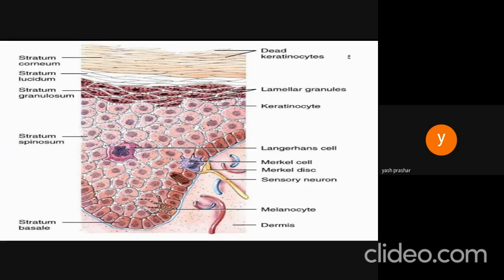It protects deeper layers from injury and microbial invasion. Constant friction causes an abnormal thickening of this stratum called a callus. So from the diagram, it is quite clear how the layers of the epidermis are arranged.